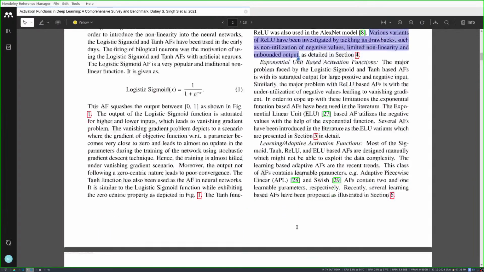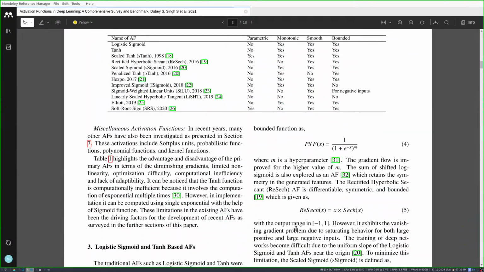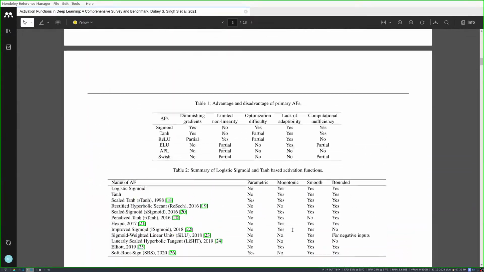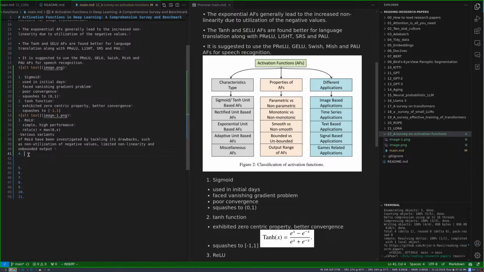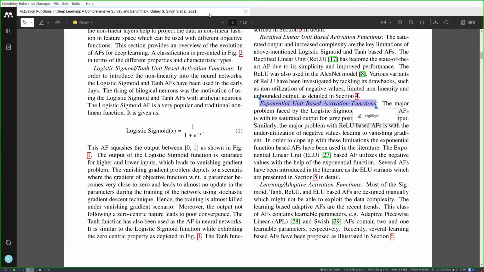Exponential unit based functions. A problem faced by logistic sigmoid is that it saturates for large positive and negative values. Similarly, a major problem with ReLU and its variants is the underutilization of negative values.